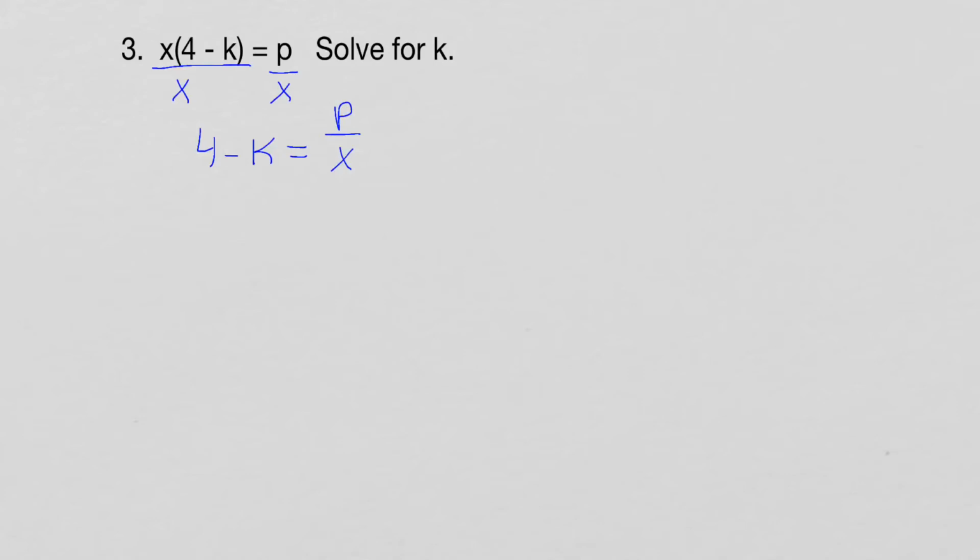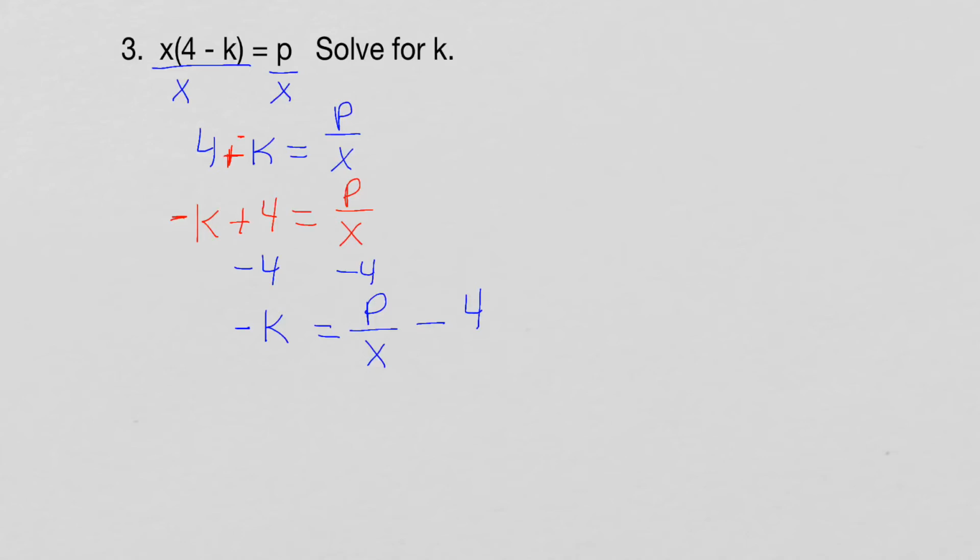Now we're going to go ahead and add a line and change the sign. And we're going to use commutative property, which is going to allow us to do negative k plus 4 is equal to p over x. Now we're going to zero pair out our 4. So we have negative k is equal to p divided by x minus 4.